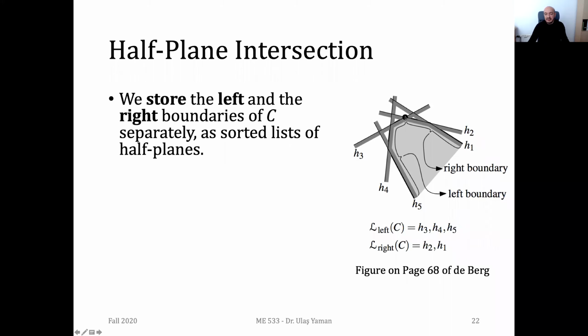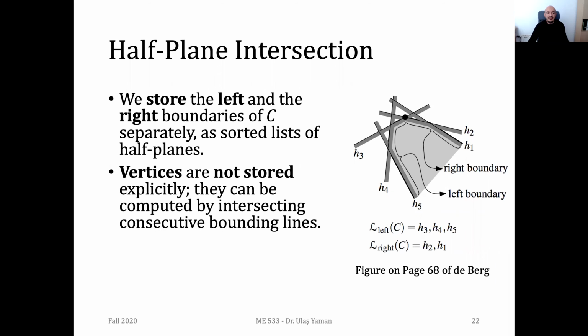If this is the intersection point, then the ones on the left-hand side of it will be the left boundary, H3, H4, and H5. And the ones on the right will be considered the right boundary. In the algorithm, they are stored in separate lists. Then we will try to find these intersection points. And later, once these computations are over, we will say that the resulting region is the intersection of these half planes.